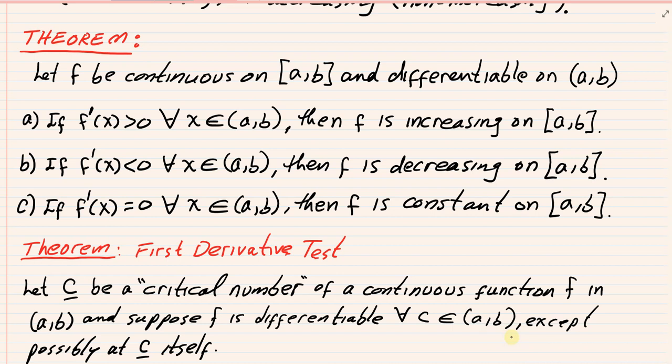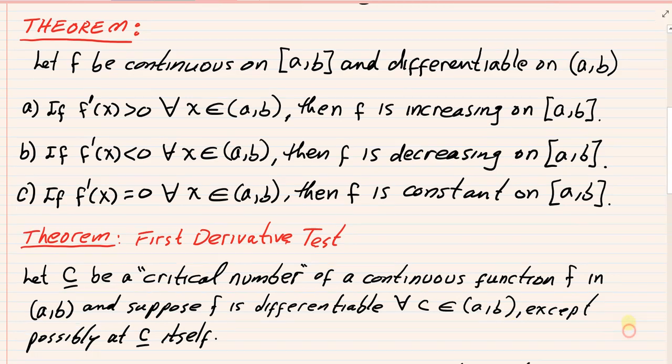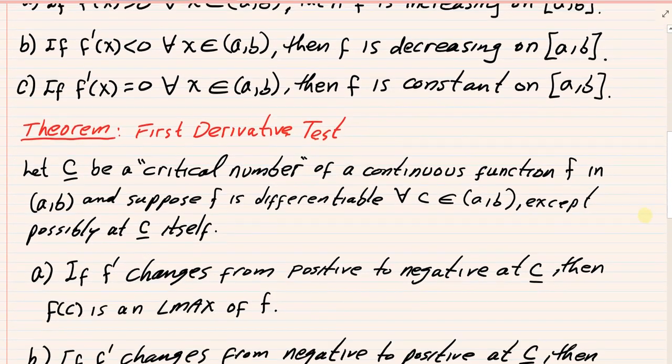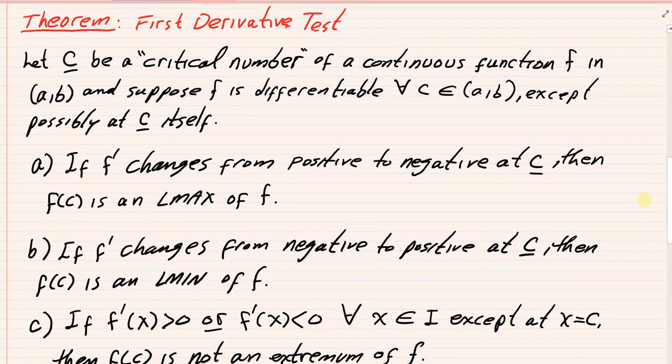A critical number of a function is a value of the independent variable x at which the derivative is either 0 or does not exist. So c must be one of those numbers, where the derivative either is 0 or doesn't exist. So if you have a critical number c of a continuous function f in an open interval, and suppose f is differentiable for all x inside of that open interval, except possibly at c itself, then one of these three things is true.